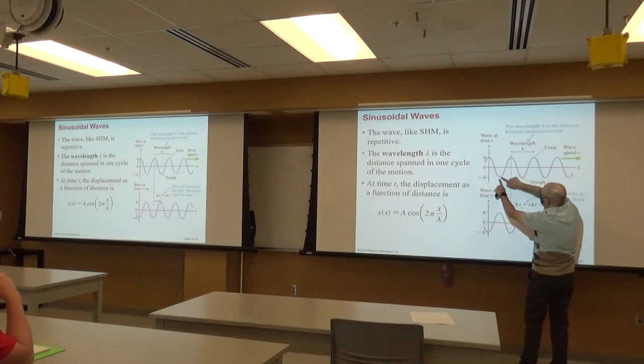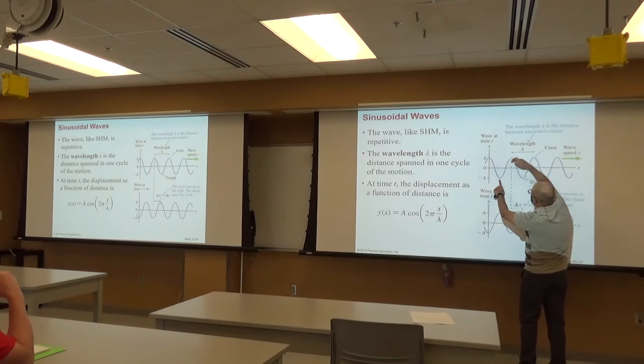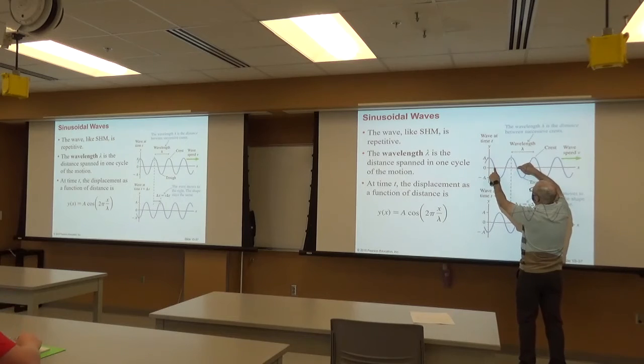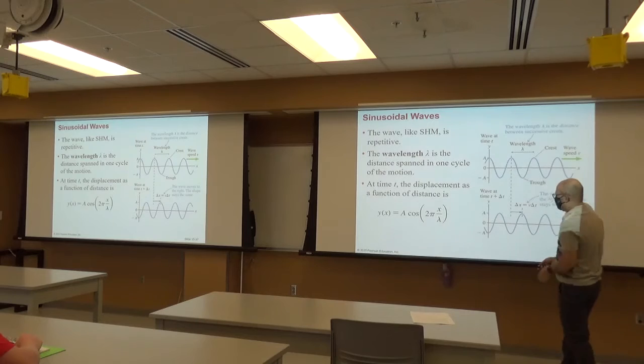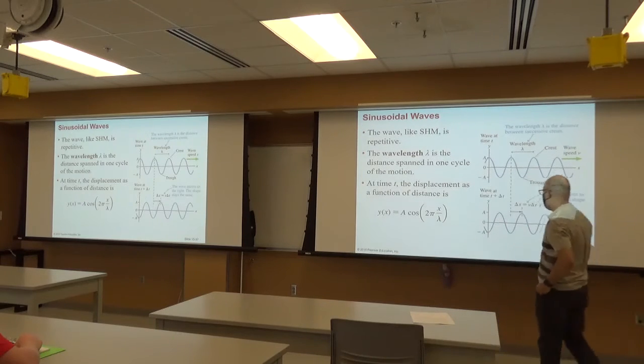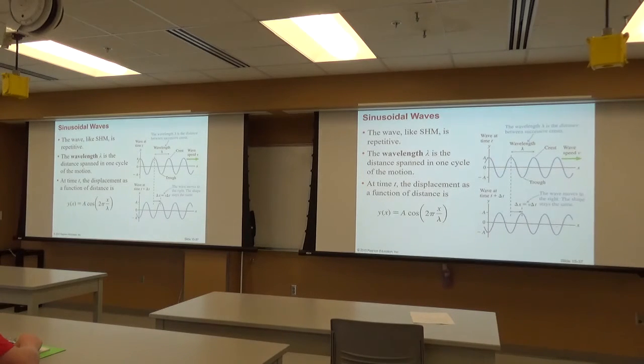Or you can also say the distance from trough to trough is also the same. Or from here to here, that's also one wavelength. So they are basically all equal. So the distance from here to here, or from here to here, that is lambda, one wavelength.